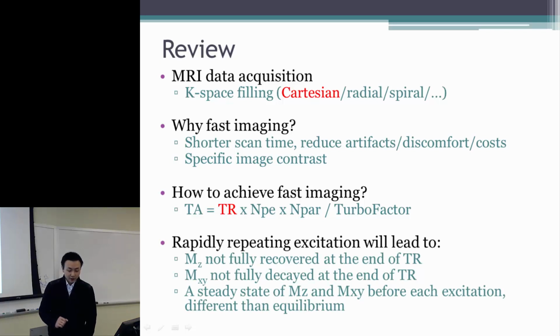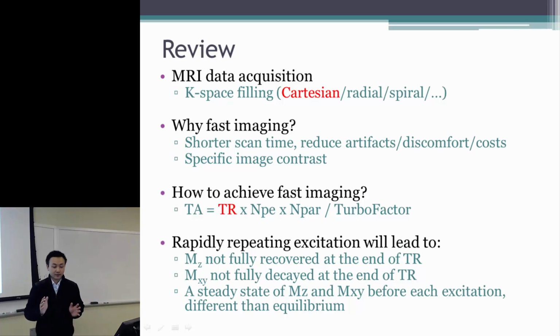So, we now apply a rapidly repeating excitation because we want to shorten the TR. The TR is in most cases the interval between two identical excitation pulses, right?